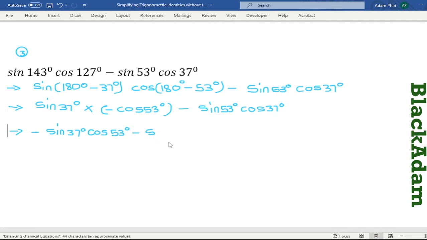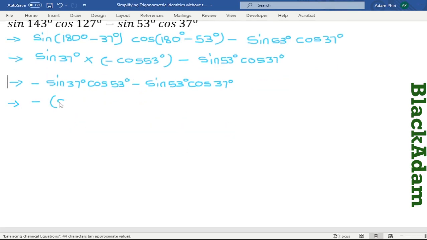And then from there we have sine 53 degrees and cos 37 degrees. So cos 37 degrees, and then we have bracket minus sine 37 degrees cos 53 degrees. Okay, so that will be positive since we are multiplying by -1, so that's sine 53 degrees cos 37 degrees.